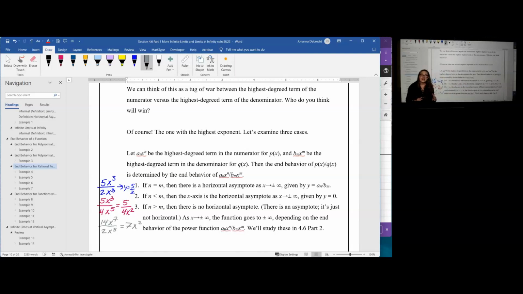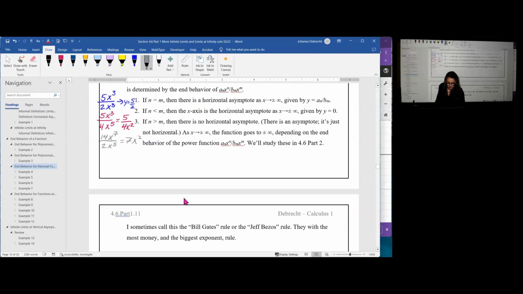This means that as the function moves to the far right and far left, it's going to draw in closer to the graph of x squared on the edges. Crazy, I know, but that's what's going to happen. The graph of x squared is not a line, so we don't have a horizontal asymptote. We're going to study this third case more in depth when we do 4.6 part 2.